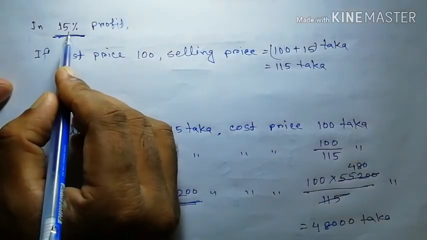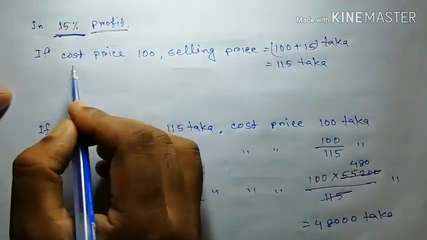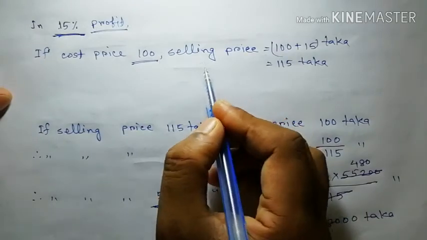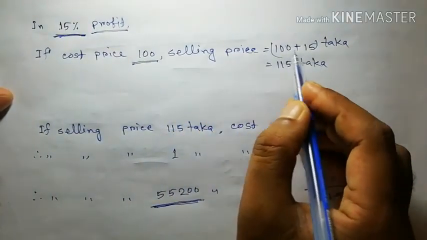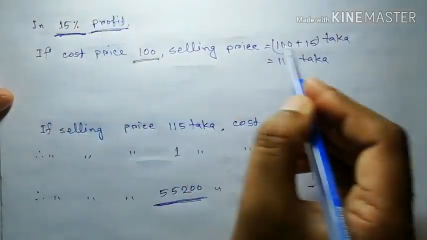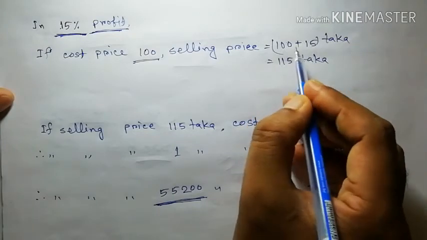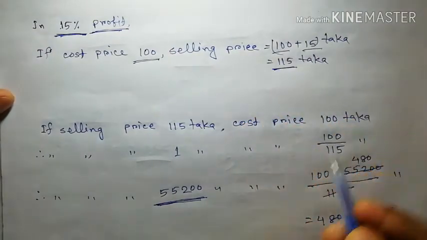Mind it, in 15% profit, if cost price is 100 taka, selling price will be 100 plus 15 taka. As it is profit percentage, it will be added: 100 plus 15, it will be 115 taka.